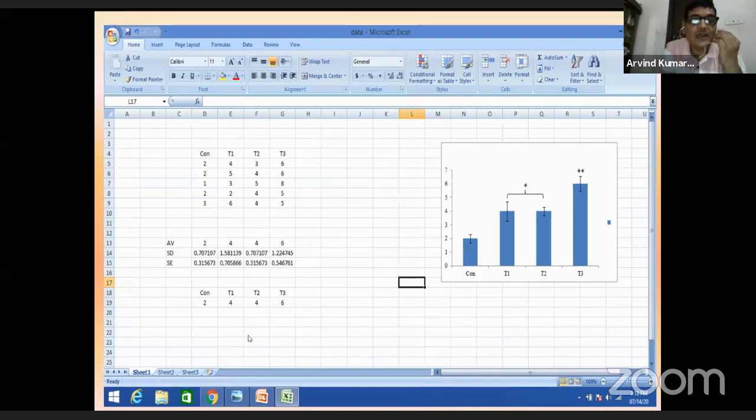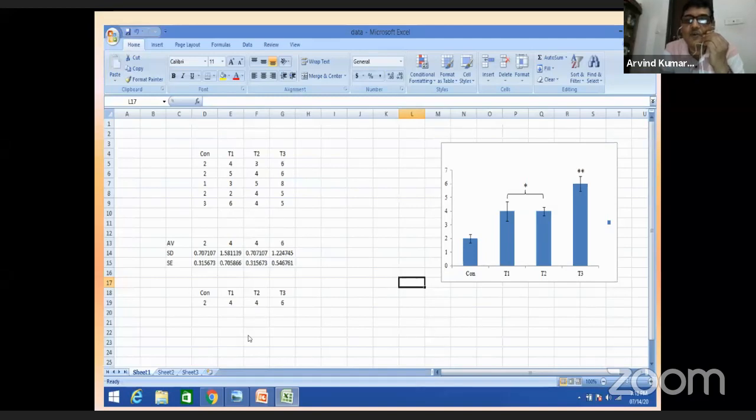Then, based on standard error, one can show the bar lines, which will show actually the level of standard error. And through the stars, I have shown the significance level, that is from control to T1 and T2. They show significant difference, and that significant difference may be less than 5%.